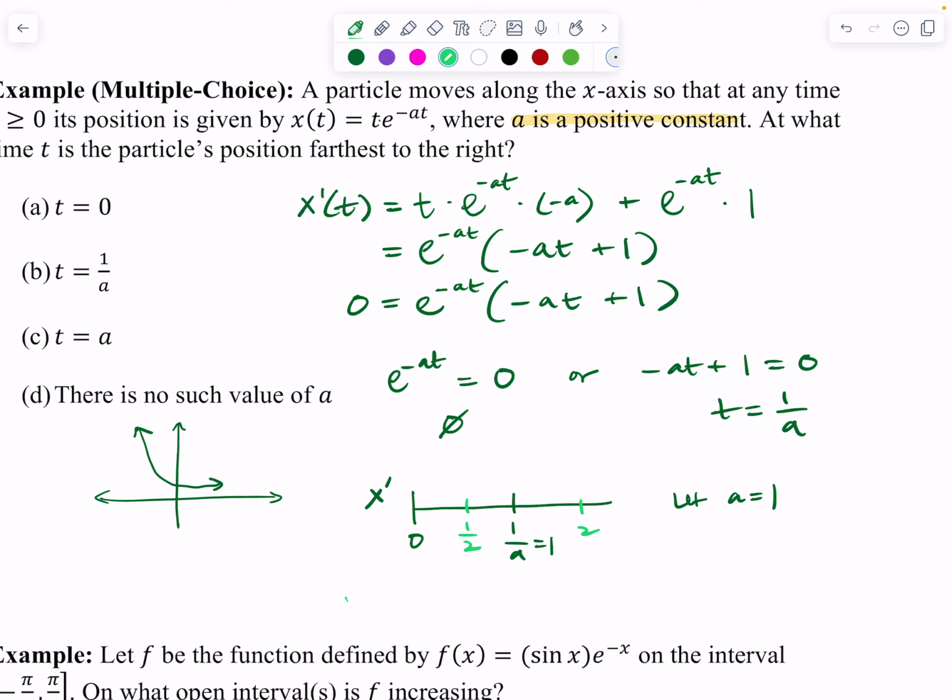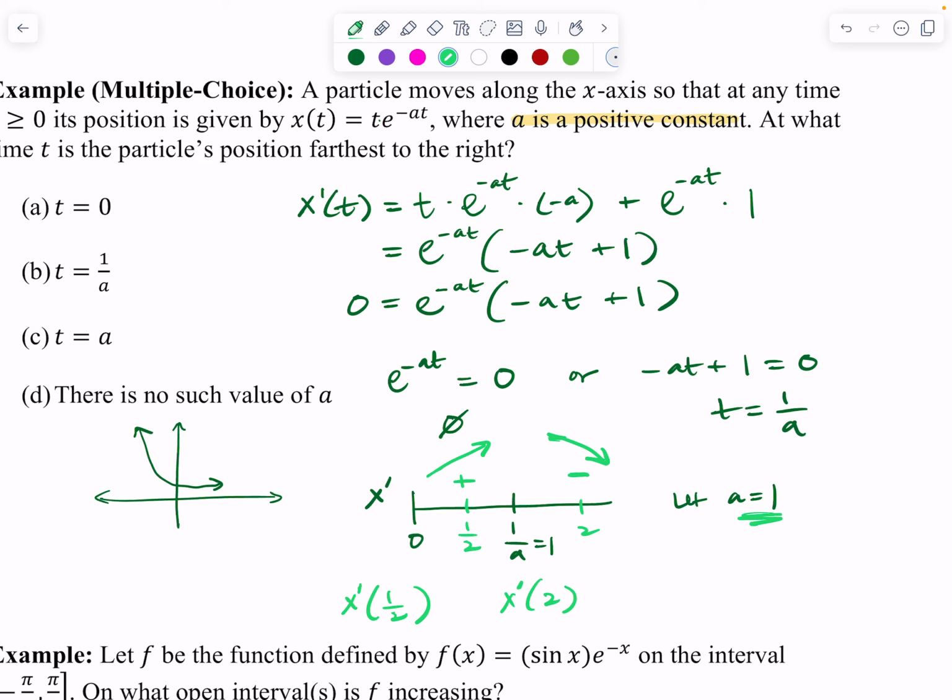If we were to find x prime of 1/2, and remember letting a equal 1, we end up with a positive value. And then finding x prime of 2, we end up with a negative value. So that means the graph of x would go from increasing to decreasing. And 1 over a would be a relative maximum, which from 0 to 1 over a, the particle is going to the right.